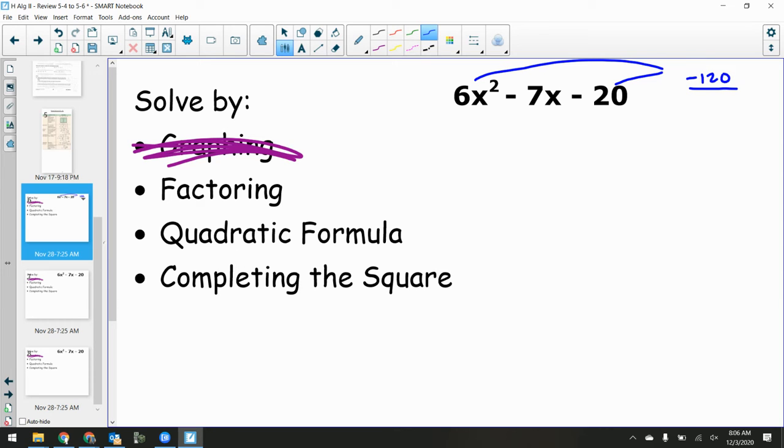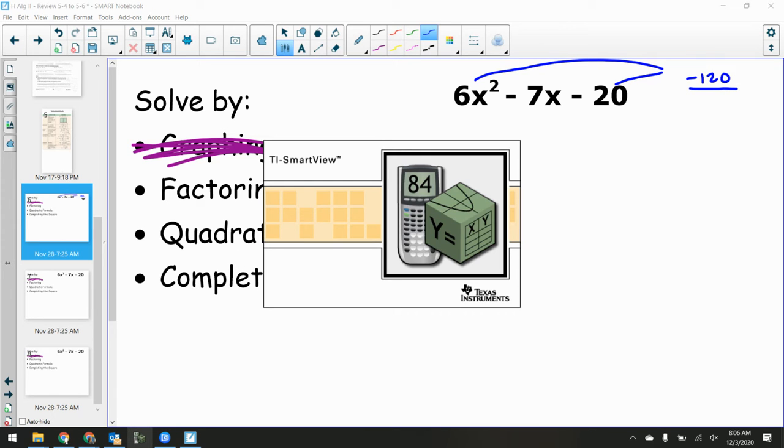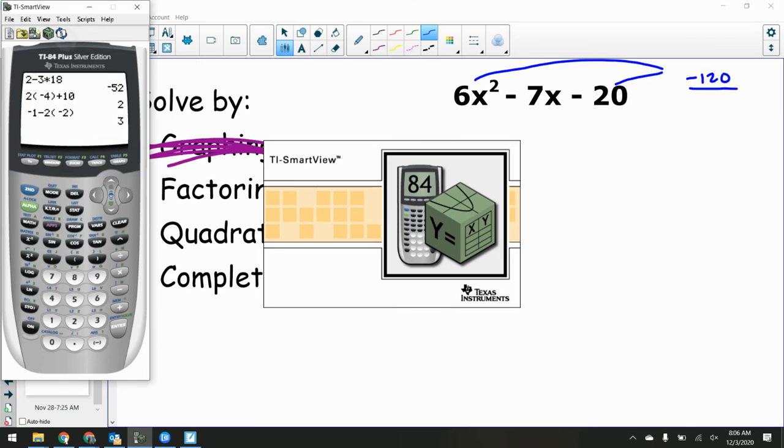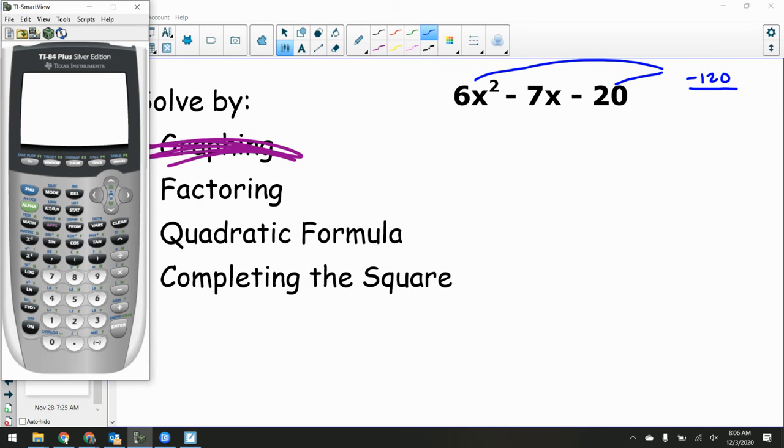Okay, now I don't know the factors of negative 120 off the top of my head. Well, what I'm going to do is think about, okay, they've got to make a difference of negative 7. So they're 7 units apart, basically, right? So let's try to think of some. 120 divided by, well, what about 10? Okay, so those are only 2 units apart, so that's not going to be good enough.